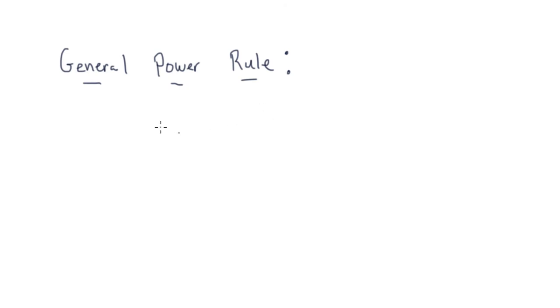So the general power rule states that if alpha is any real number and f of x is equal to x raised to the alpha power, so here alpha is not just an integer or a positive integer or a non-negative integer.